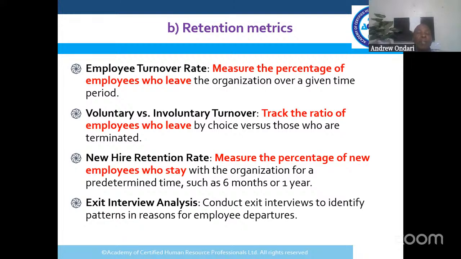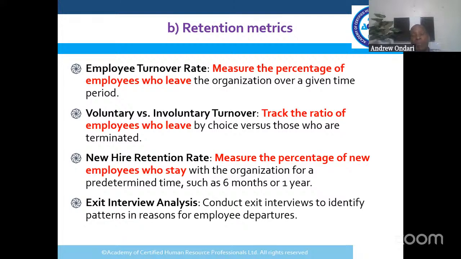For example, you may have 10 people who have left in an organization. 10 people have left, that's turnover. You divide that by the average number of people in the organization. That is the number of people at the beginning of the year and the number of people at the end of a year.